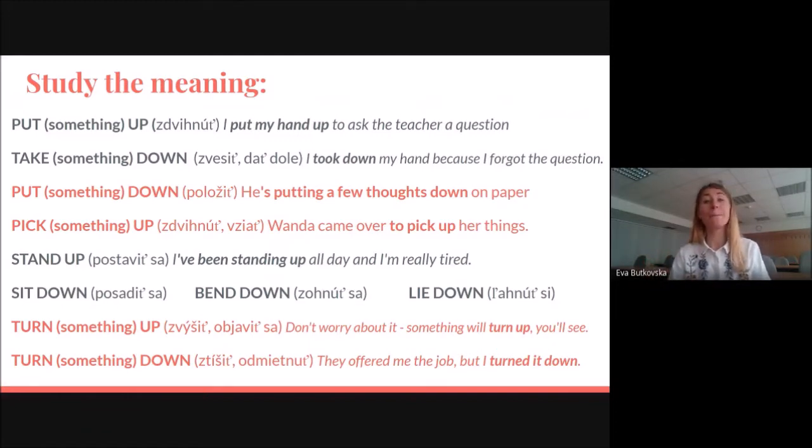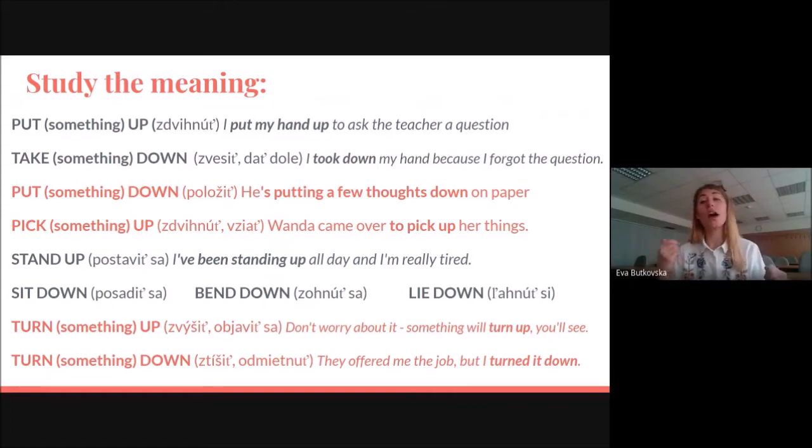Another phrasal verb, pick up or pick something up, has another meaning. We could say pick somebody up as well. Imagine the situation. He doesn't have his own car, so his mother needs to pick him up.